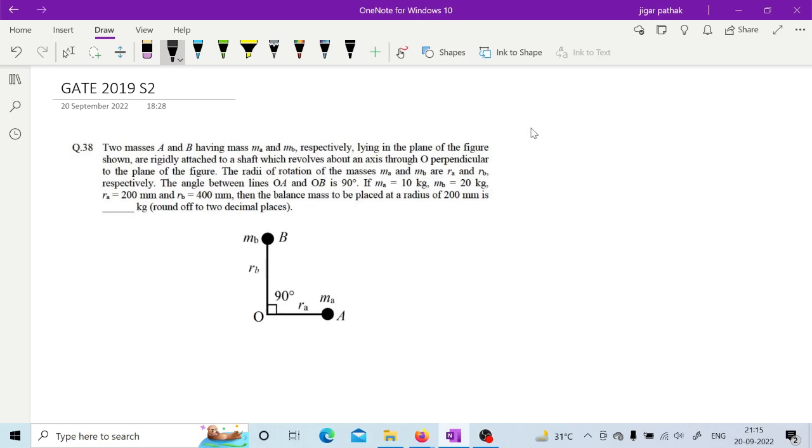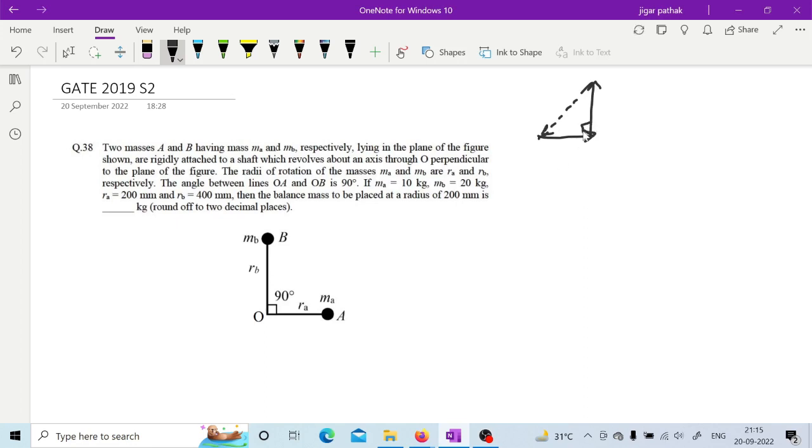Okay. See here, if you think of the force polygon, then A will be in this direction, right? At point A, it will be in this direction. At point B, it will be in this direction. So the resultant will be like this, right?